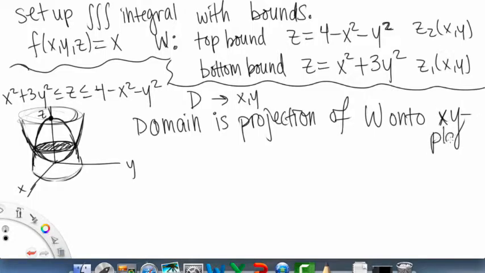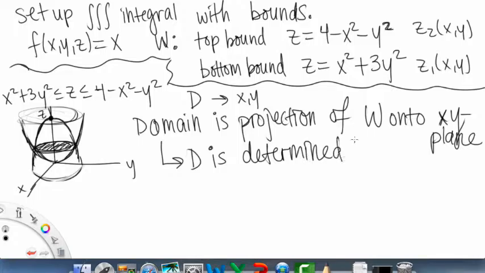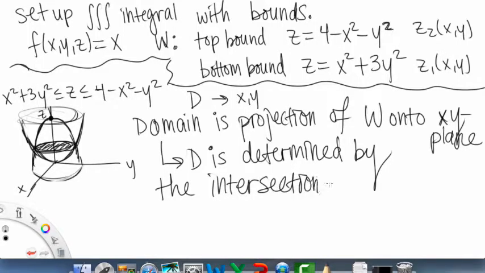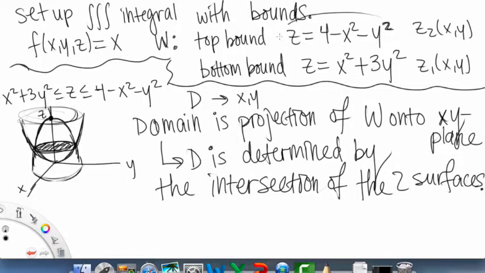Which also means that the domain, in this case, is determined by the intersection, that's the important part, of the two surfaces, where our surfaces are the given z equals blah blah blah and z equals blah blah blah.